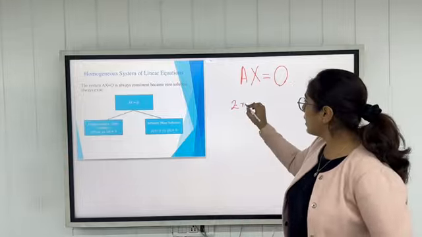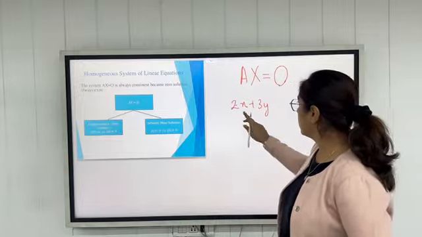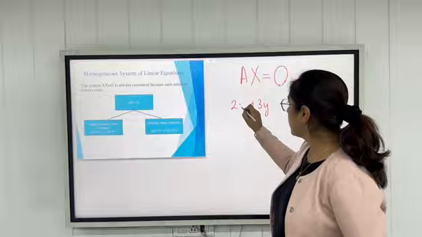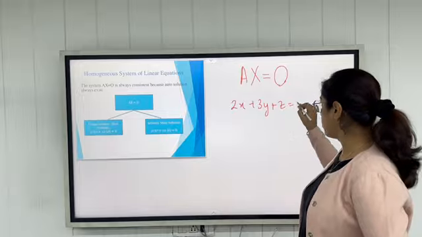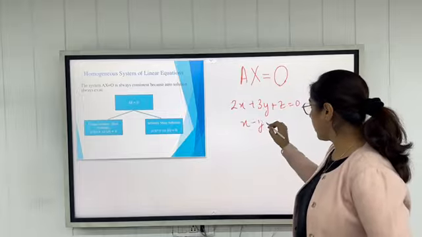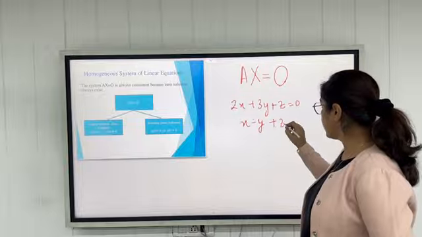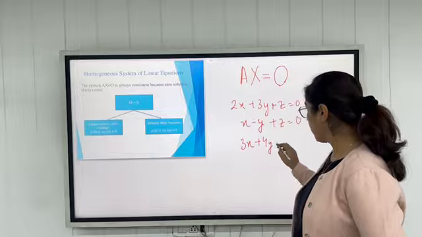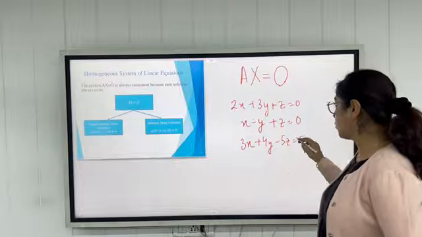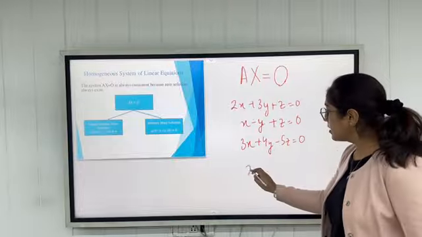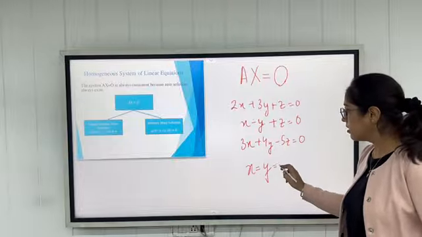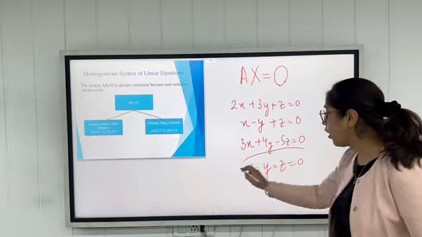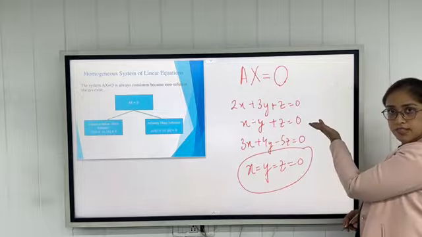How? If I write any homogeneous system like 2x plus 3y plus z equals 0, x minus y plus z equals 0, 3x plus 4y minus 5z equals 0, you can see that x equals 0, y equals 0, z equals 0 is always a solution of this homogeneous system of equations.